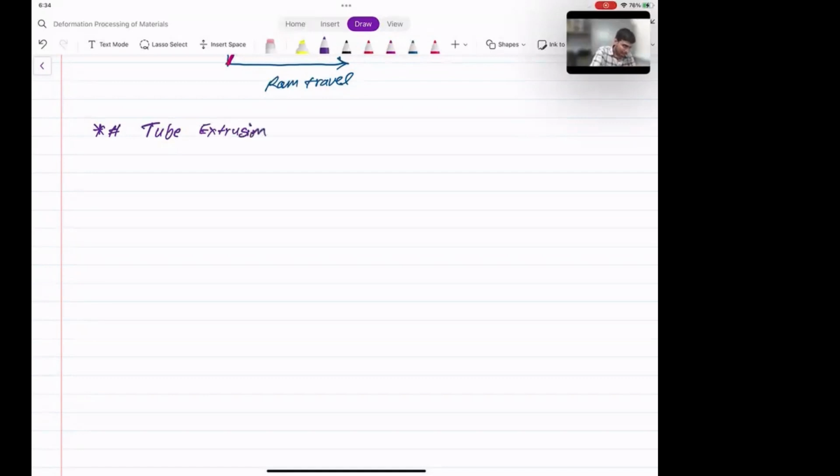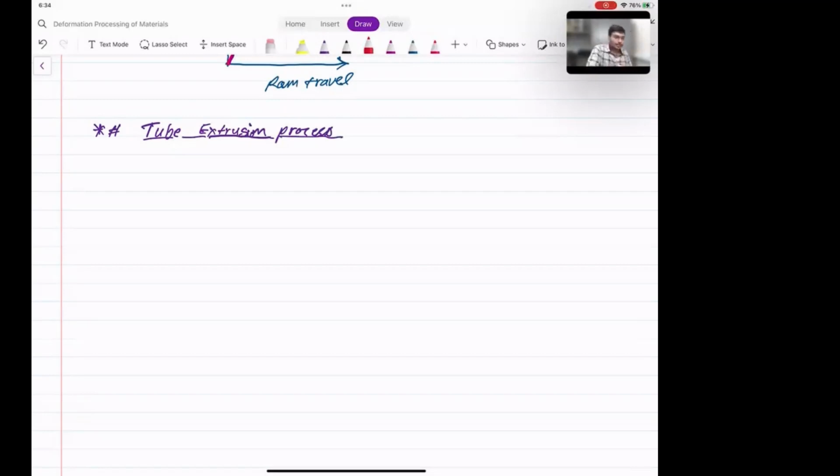This is not much different from these. So we will just see the schematic of how this is carried out.